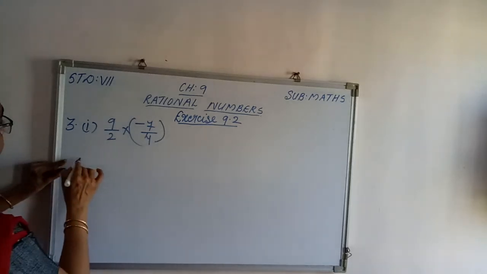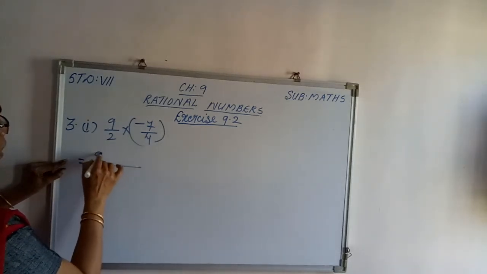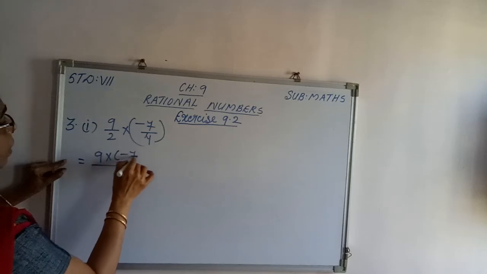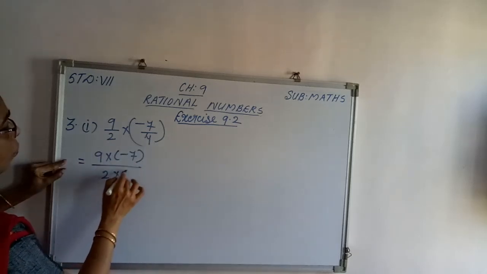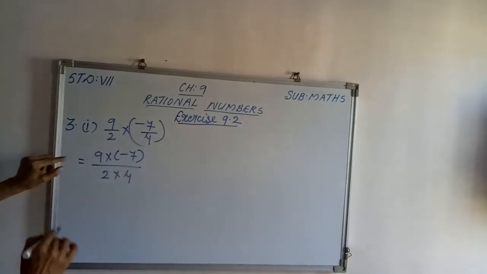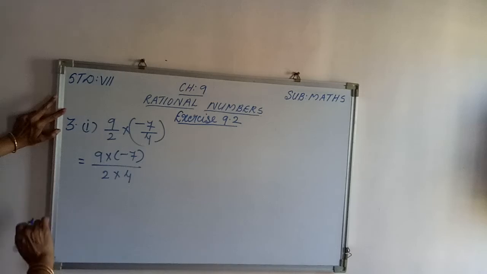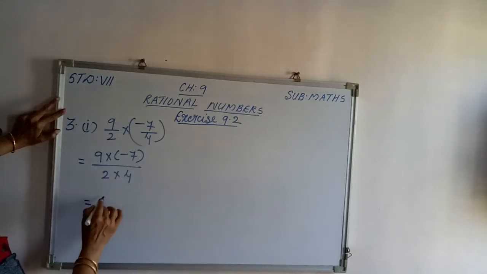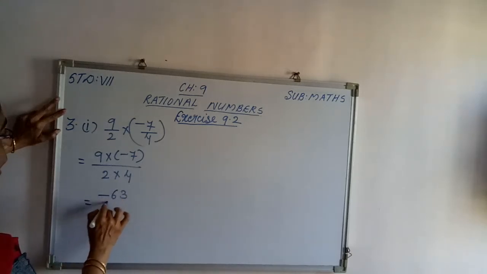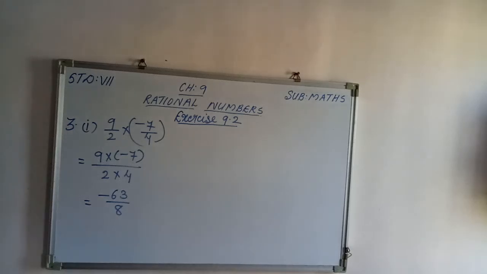So we can write 9 into minus 7 upon 2 into 4. If you can make any simplification, you have to do it; here it's not possible. So multiply 9 into minus 7, minus 63 upon 8.